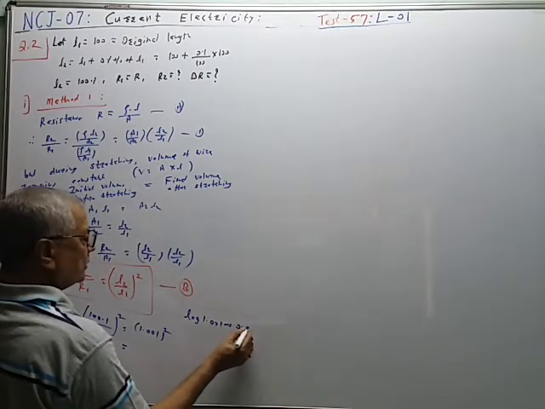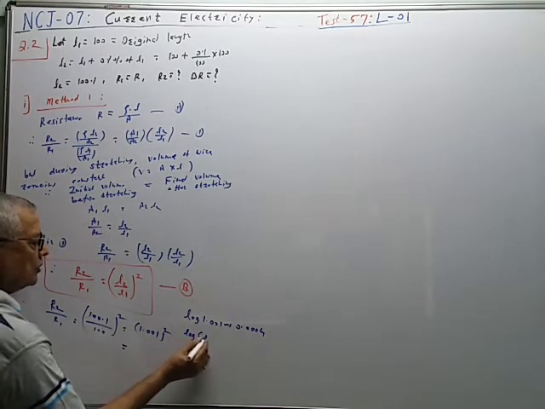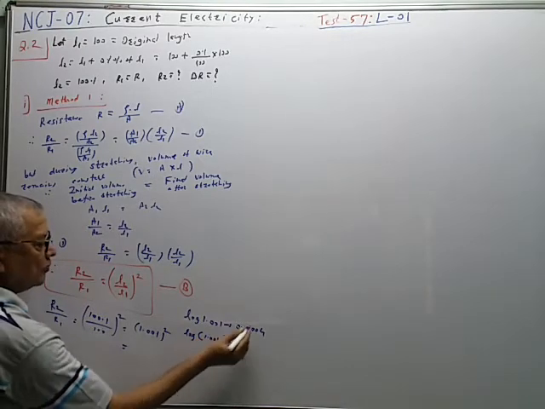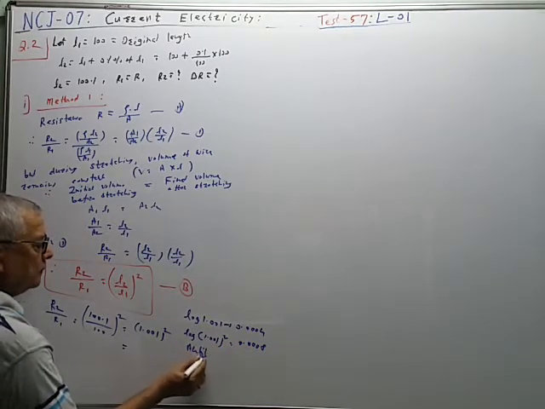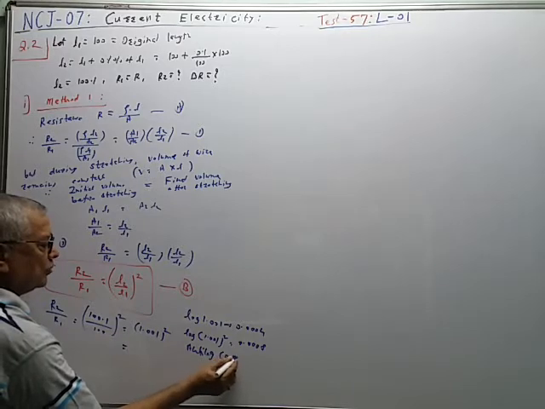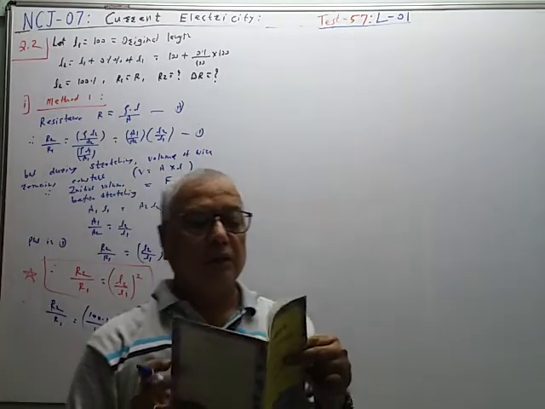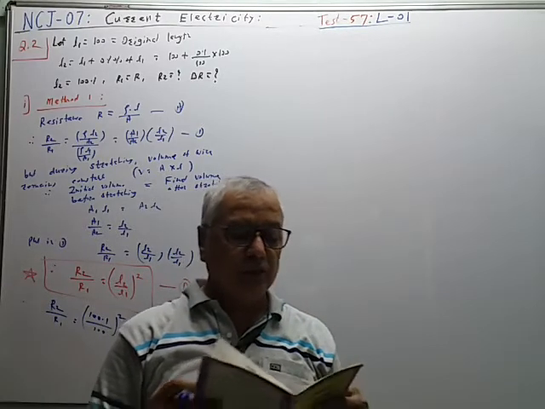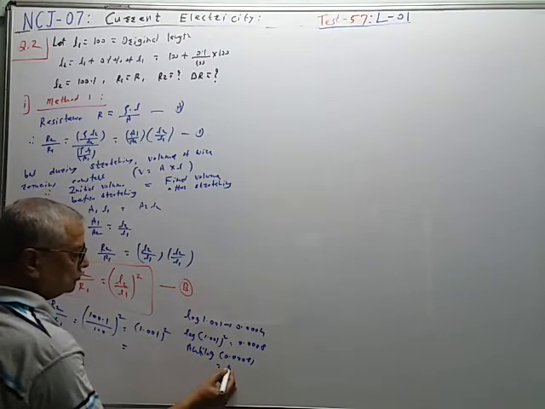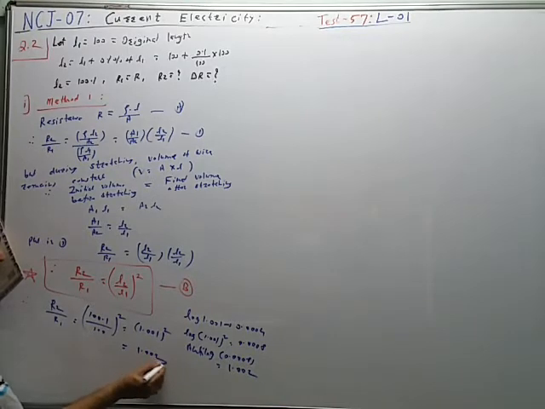So this is equal to 0.0004. So log of 1.001 whole bracket square is equal to 0.0008, and now anti-log of 0.0008 gives 1.002, so that is equal to 100.2 upon 100.